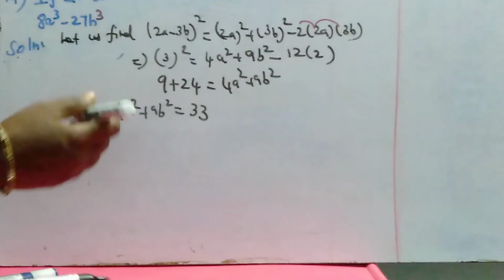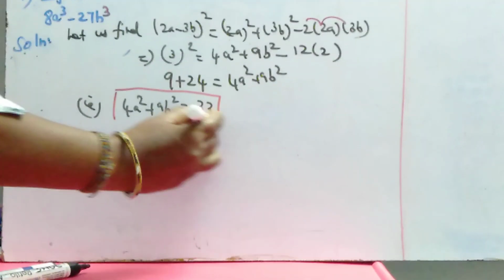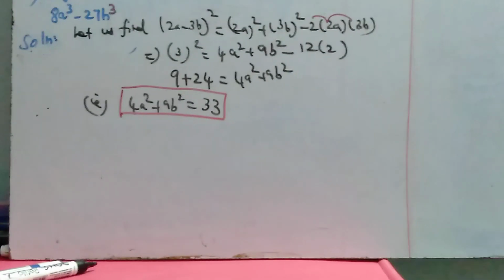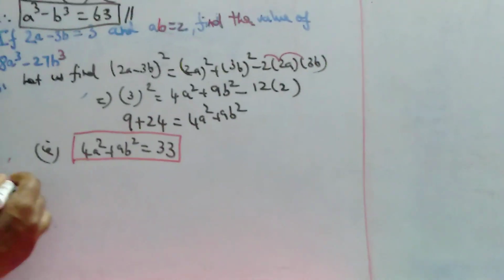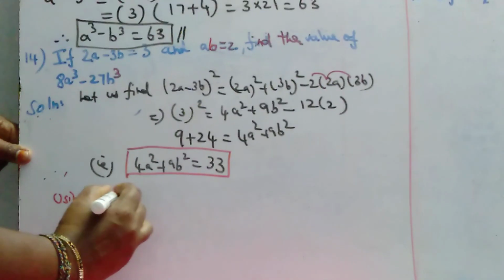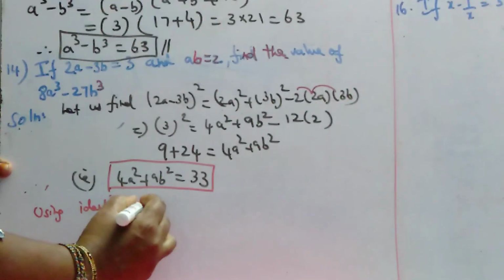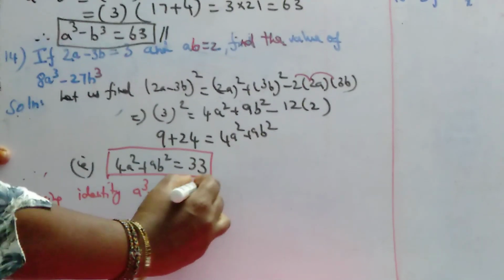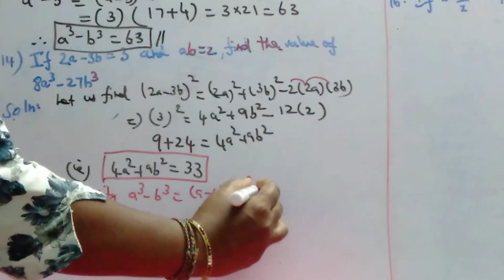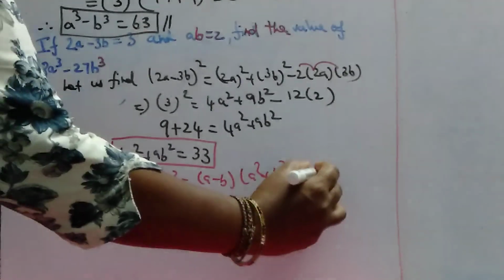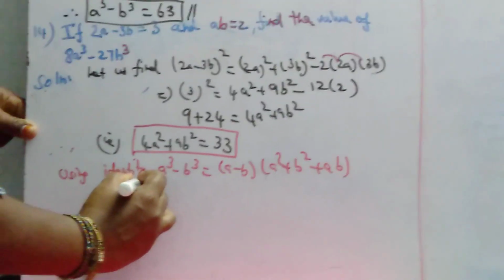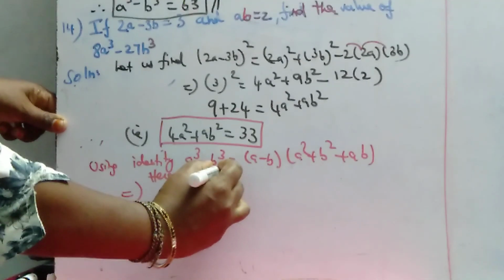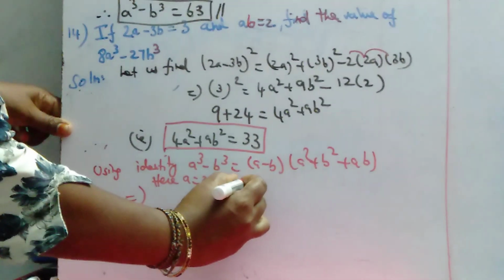We are going to substitute this value in the next formula, right? So that is using the identity, a cube minus b cube equals a minus b into a square plus b square plus ab. So here a equals 2a, b equals 3b.